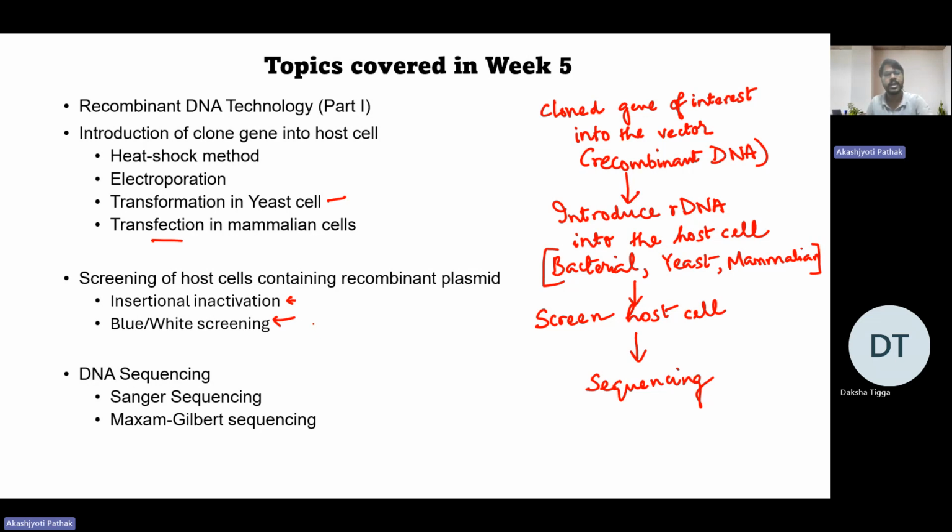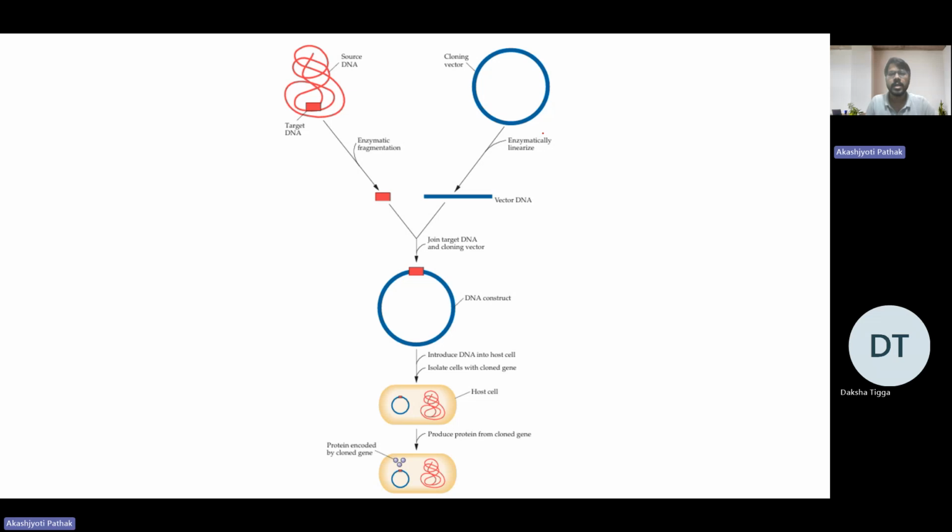Okay, so let's start with how we can introduce the gene of interest, or the recombinant DNA, into our host cell. If you see this figure, it is a summary of what we have seen till now, the entire gene cloning methodology.